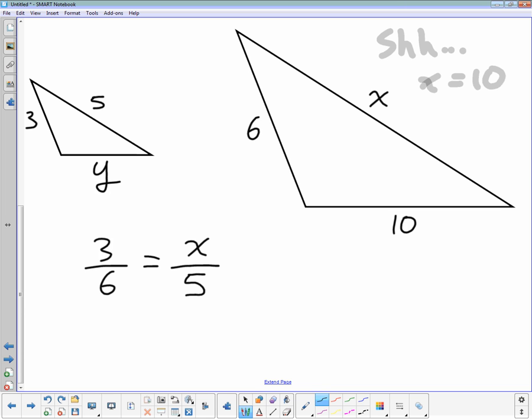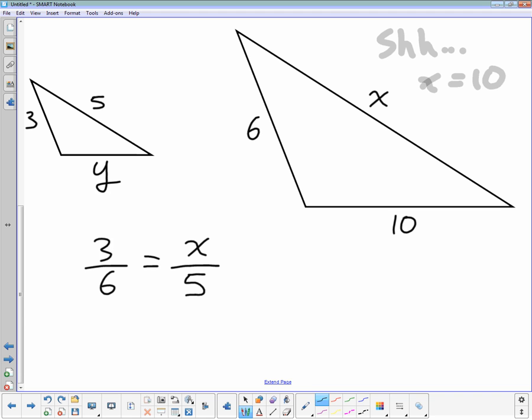Not what you wanted, right? It's incorrect now, isn't it? You get 2.5 instead of 10. So there is a right way and a wrong way to do this. Well, better yet, there are a lot of right ways of doing it, and there's one wrong way.